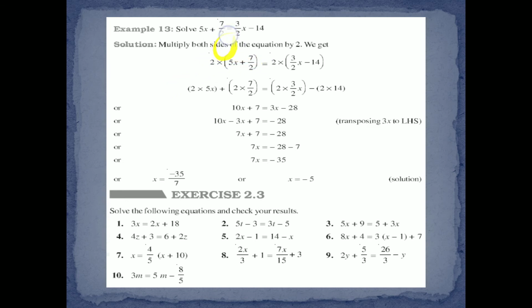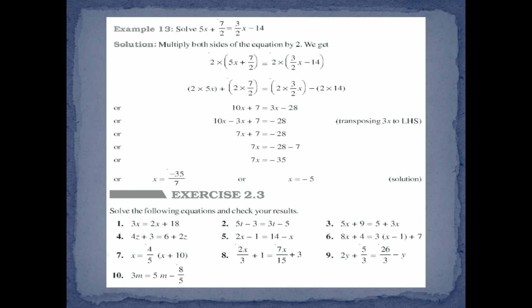To eliminate the denominator 2, he has multiplied both the right hand side and left hand side by 2. This is the systematic method. Once you solve that, you get the answer for x as minus 5 and minus 35 by 7.